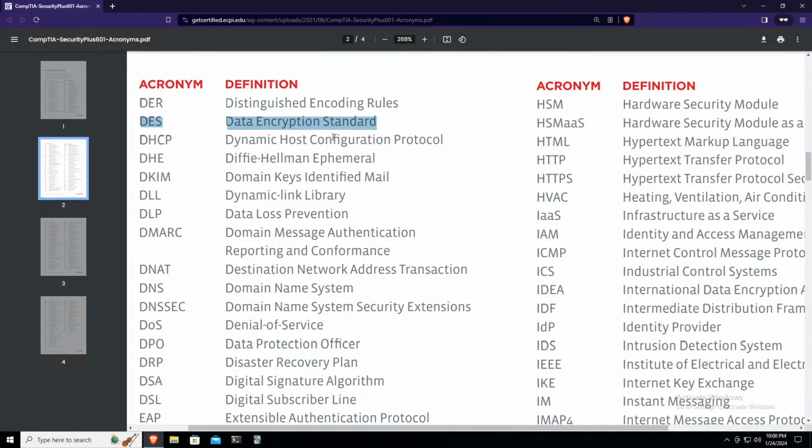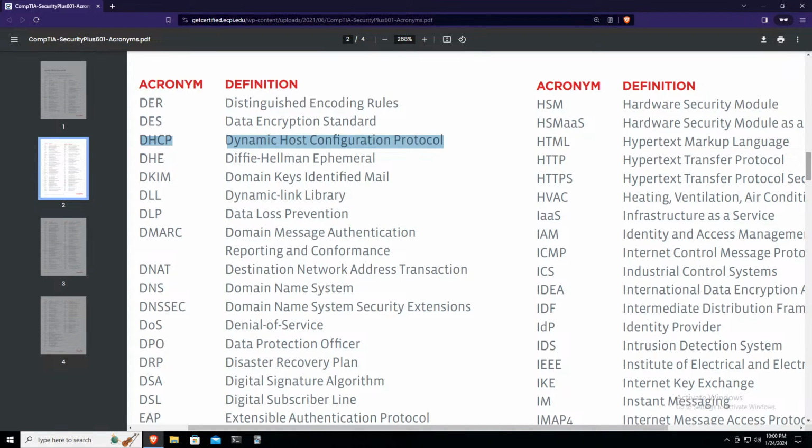DHCP, Dynamic Host Configuration Protocol. So DHCP is something that you should know how it works, right? A DHCP usually is a thing that provides IPs to hosts on your network.